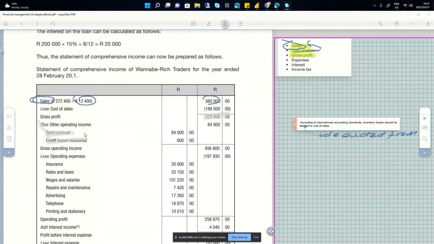This is a positive, this is not a negative. So that's why we need to add this to the gross profit in order for us to obtain the gross operating income.